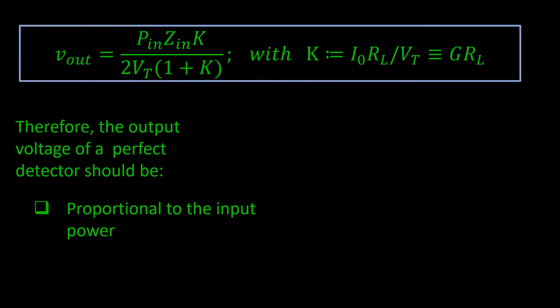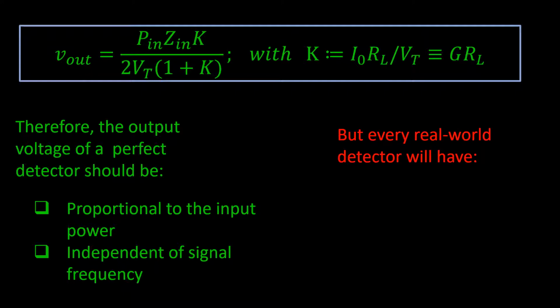It is for this reason that we say that our device is a square law detector. And the second one is that a perfect detector provides an output signal that is not dependent on the input frequency. However, we will see that in practice our real-world detectors are not perfect.